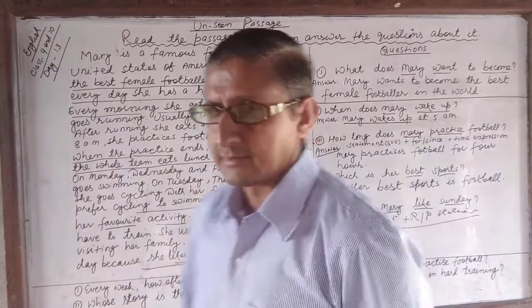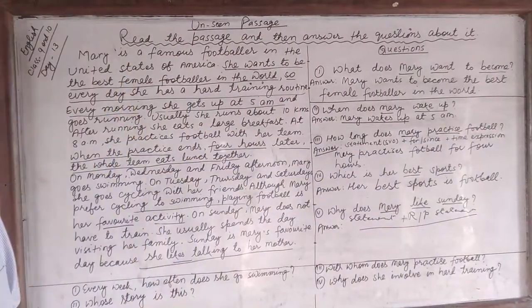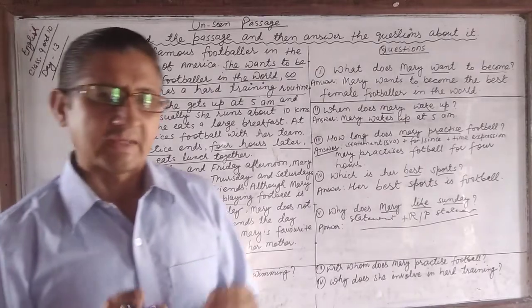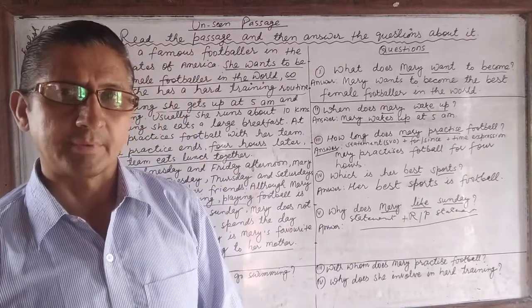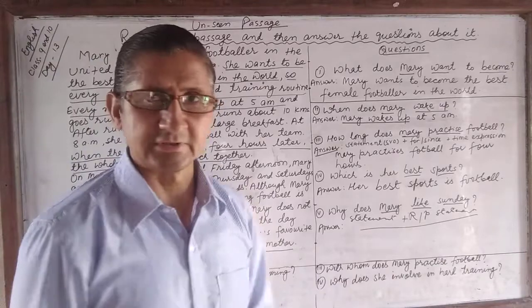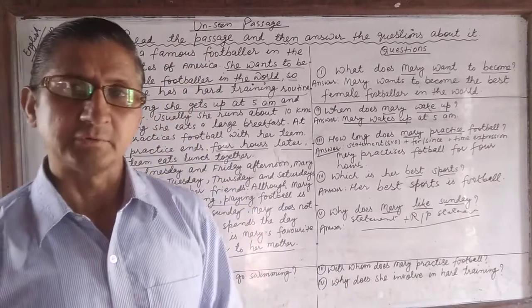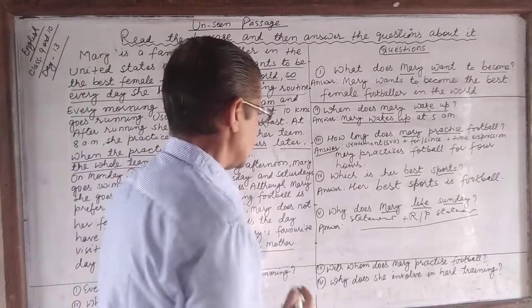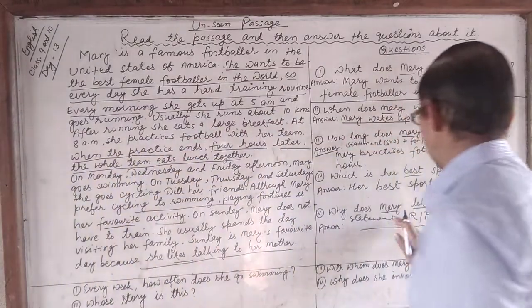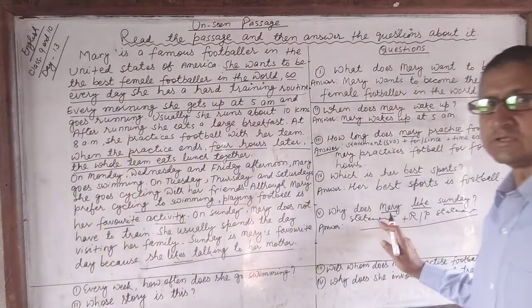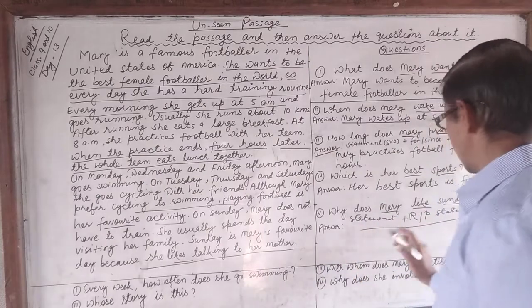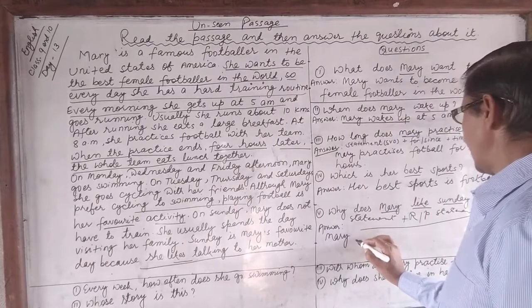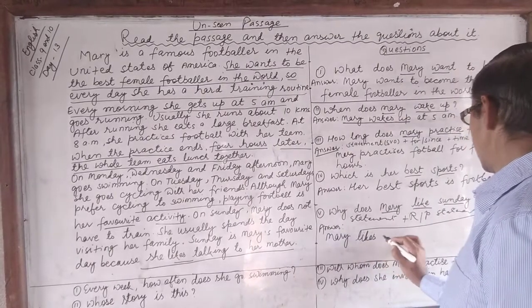Here, why does Mary like Sunday? The answer of why question can be reason or purpose. This question is asking for a reason. So first we write the statement using the keywords from the question: Mary likes Sunday.